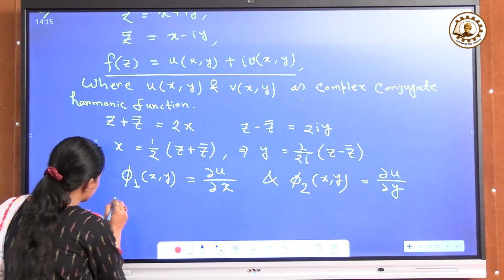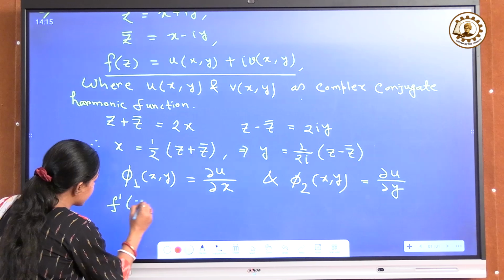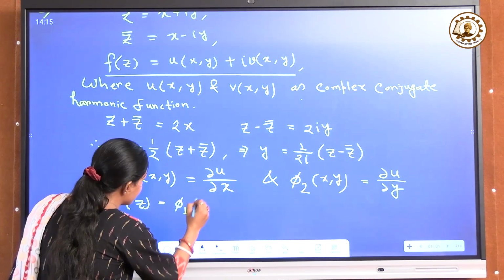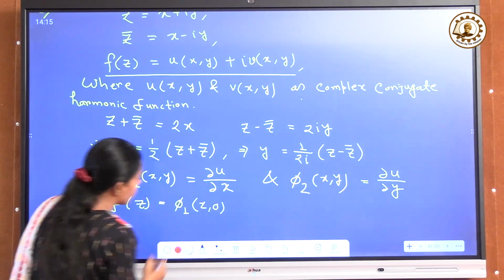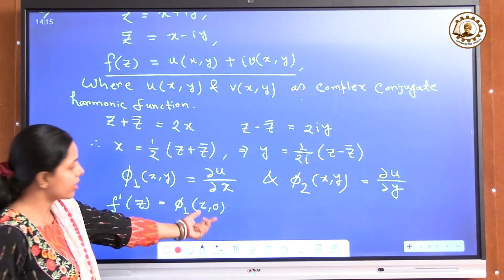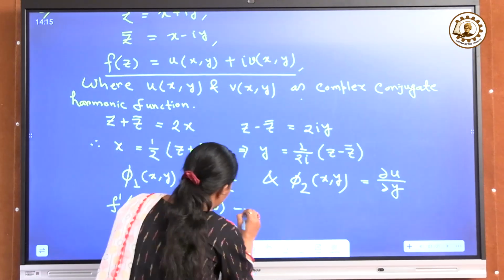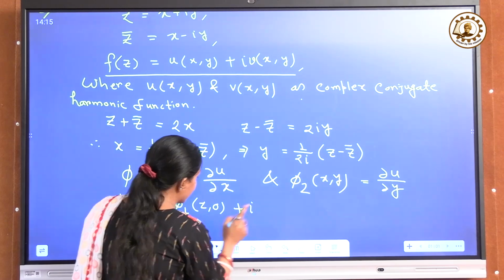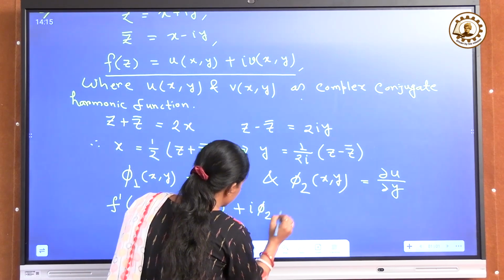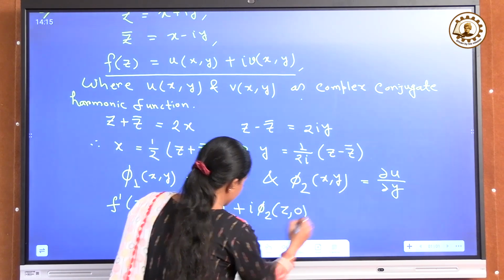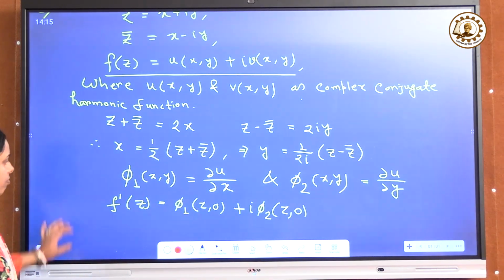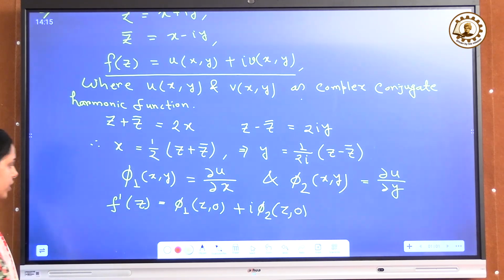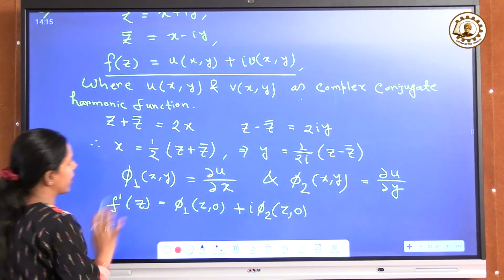So the Milne-Thomson method is that f dash z equals phi 1 of z, 0 plus i times phi 2 of z, 0. Then we integrate and find the objective function. So the Milne-Thomson method is that.